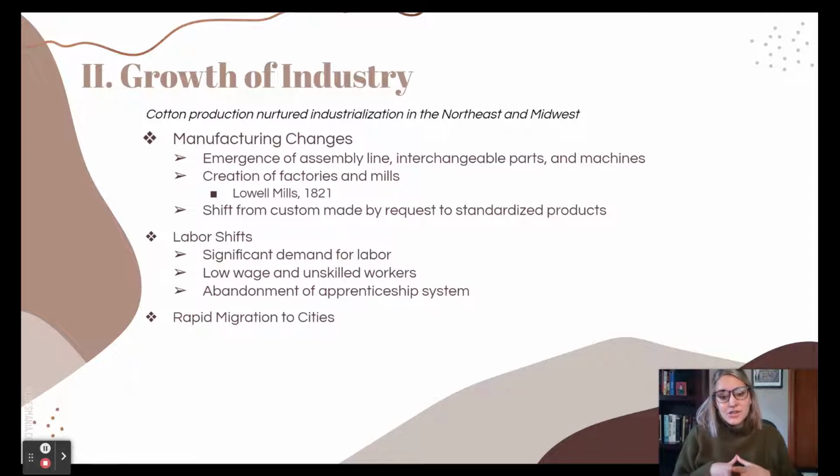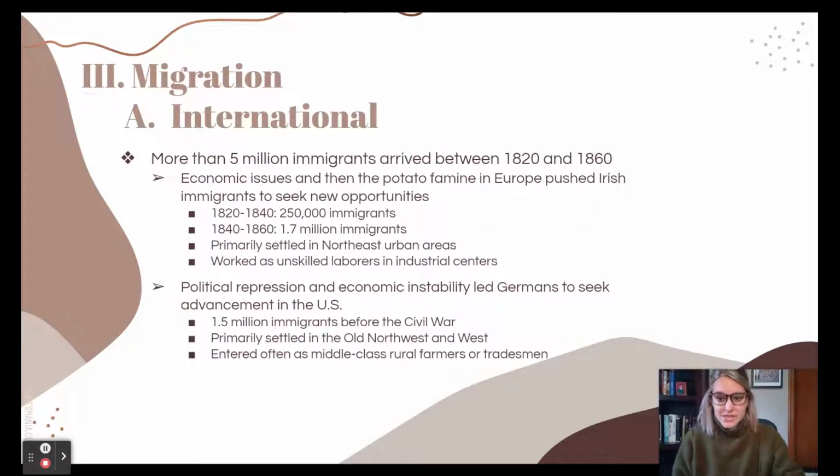But now with the implementation of the assembly line and in factories, a worker is just responsible for one aspect of the process. And so they don't need to be highly skilled. Instead, they are low skilled, which means they can be paid low wages and they are easily replaceable. This does lead to rapid migration to cities.